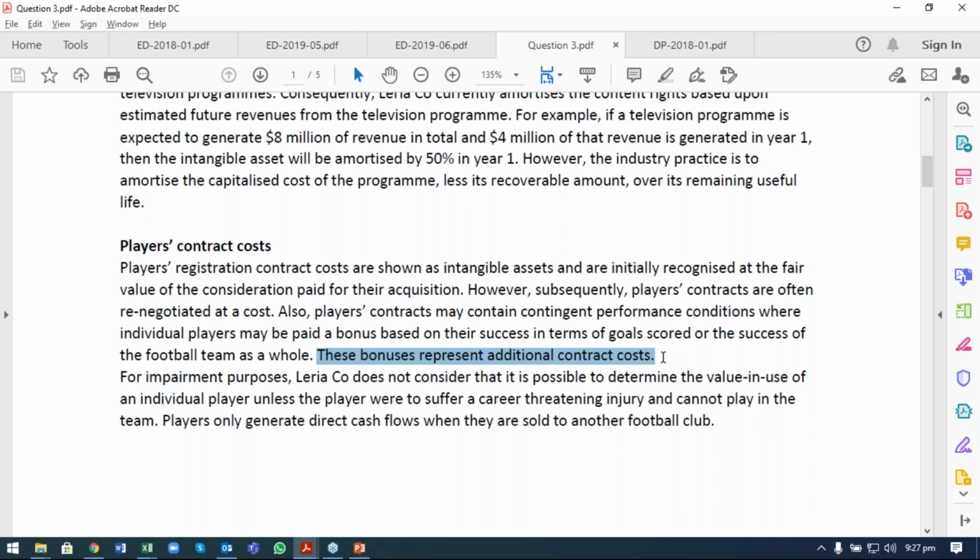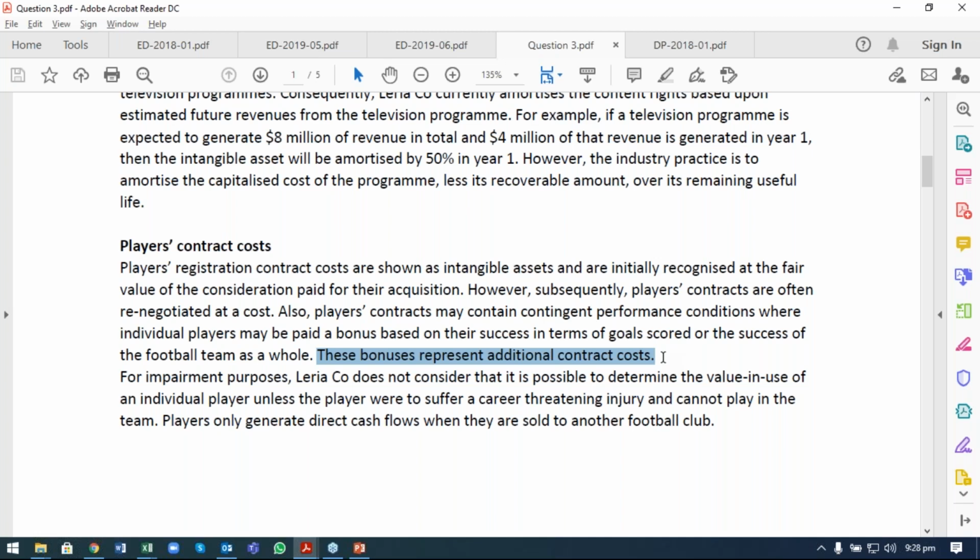But most of the time, when you are going to charge impairment to a cash generating unit or any asset, it is only calculated based on its recoverable amount. So how are you going to determine the recoverable amount of any asset? The recoverable amount of any asset is always the higher of value in use of that asset or NRV of that asset.